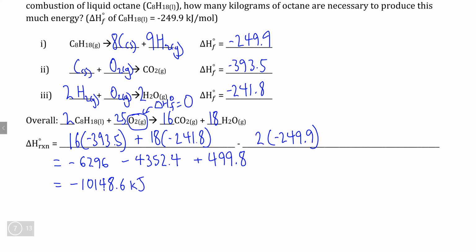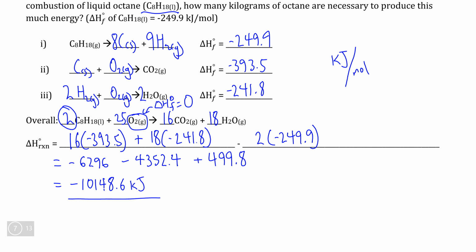Now, you'll note that I've written kilojoules because typically delta H is written in the form of kilojoules per mole of the particular compound we're referring to here. And we know in the fully balanced reaction here, we had 2 moles of octane here.